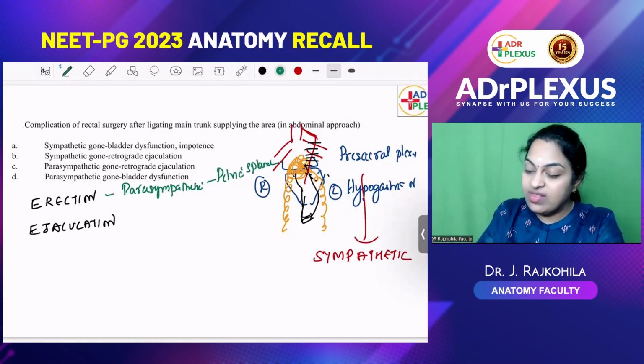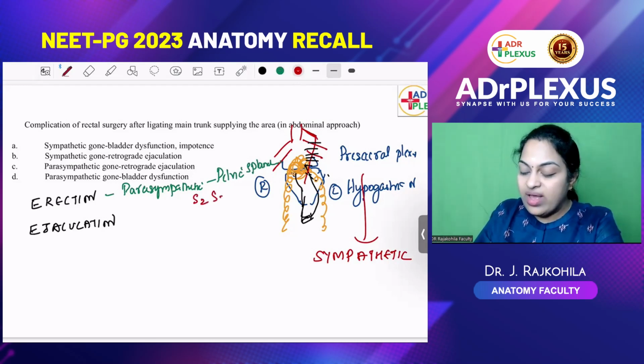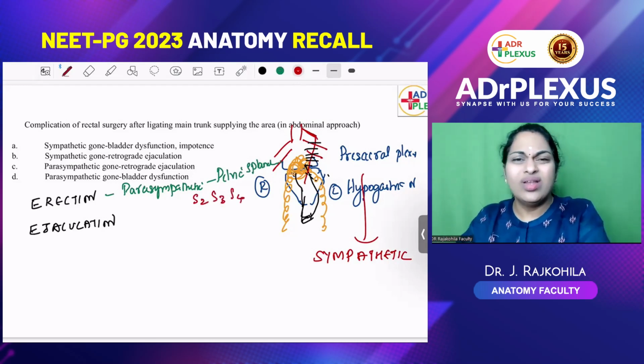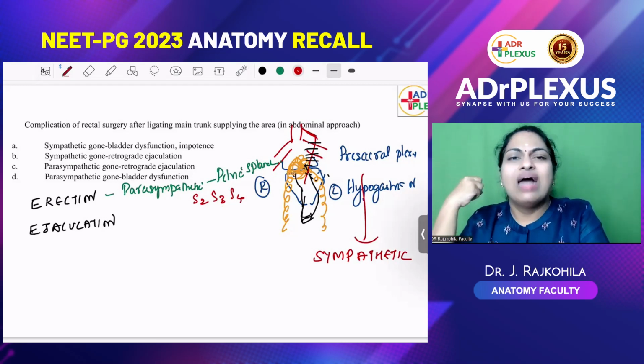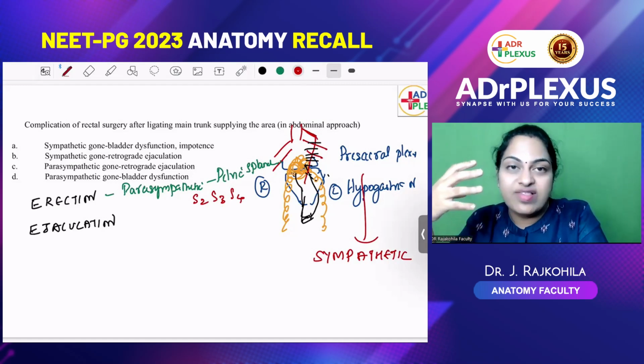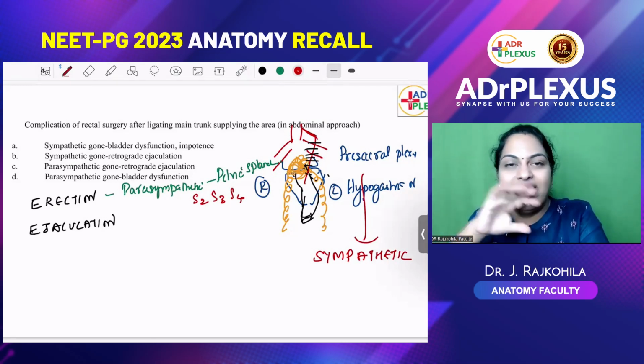From which spinal cord segments? S2, S3, S4. What are these pelvic splanchnic nerves going to do? The parasympathetic fibers passing through them will cause dilatation of the arterioles that supply the corpora cavernosa and fill the cavernosa with blood and impede venous return. So that goes for an erection.